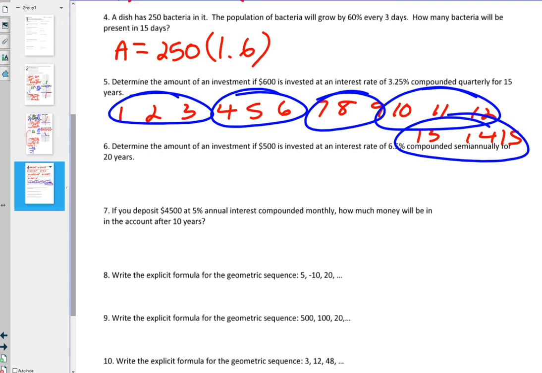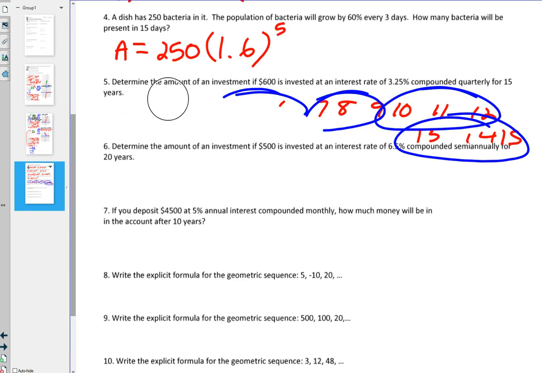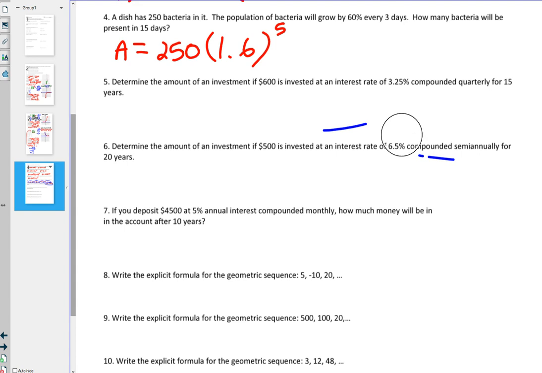So when I take it to a power, it's going to be 5. This is bacteria. We're going to assume that you can't have partial bacteria. So we'll round down to 2,621 bacteria.